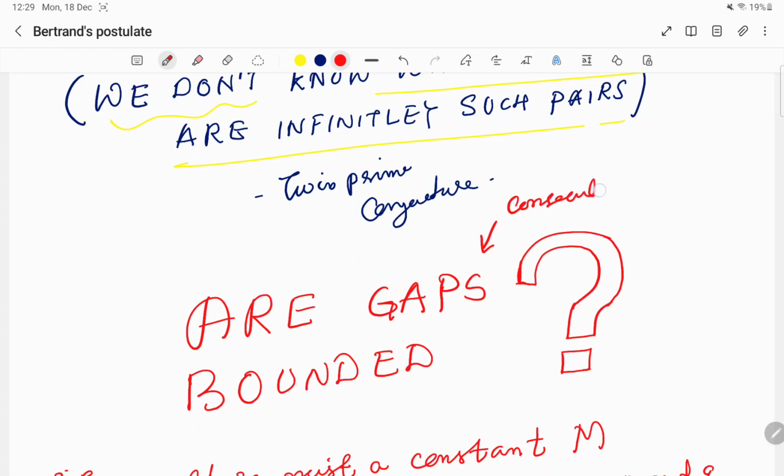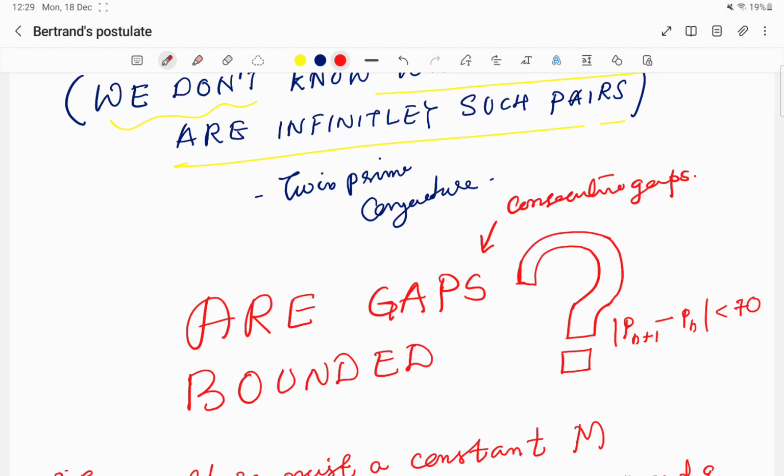Consecutive. Are they bounded? For example, suppose I say that p_(n+1) minus p_n is less than 70. That means you take any consecutive pair, and the difference is always less than 70.